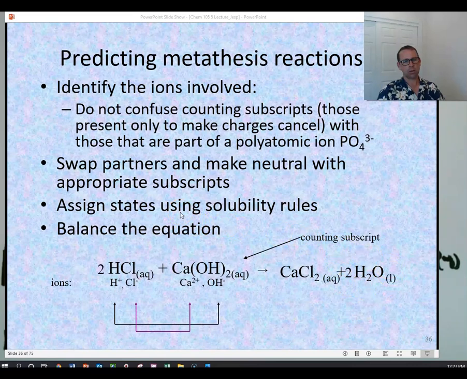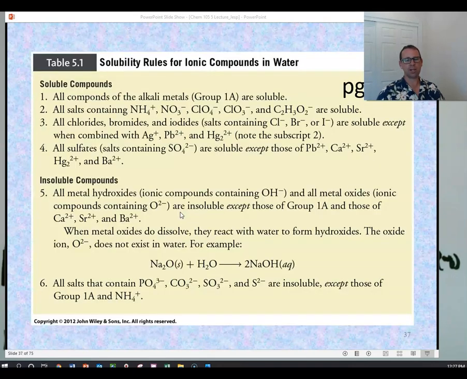Okay, so remember, it's the solubility rules that help us know whether or not a product will be soluble or not, right? So we can use the solubility rules to see whether or not we think that a solid will form. And a reaction where a solid forms is called a precipitation reaction.